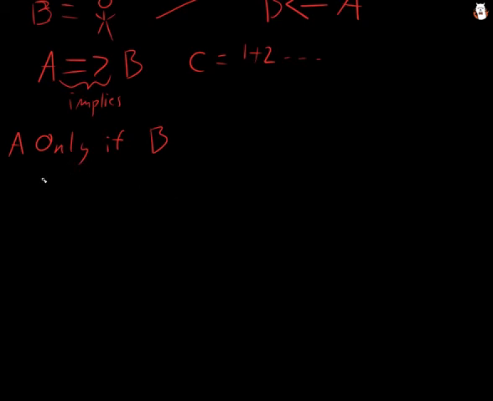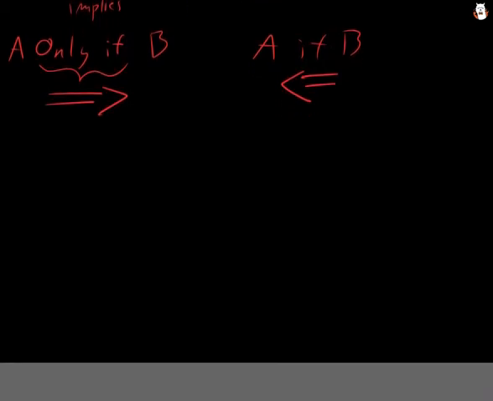Note the distinction here between the directions: even though we have the only if in the middle, the direction of implication is still in this way. Knowing that you're watching the video right now directly implies that you are human. Whereas if we had A if B, the direction would be the other way around.